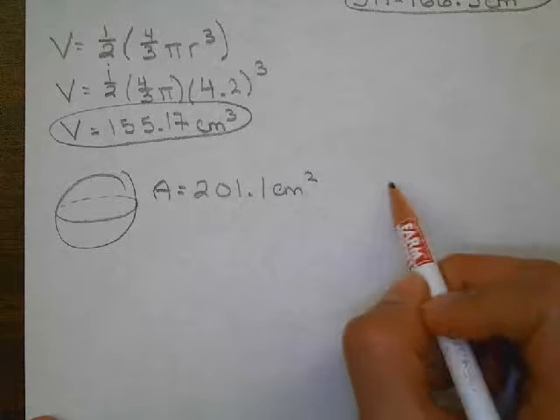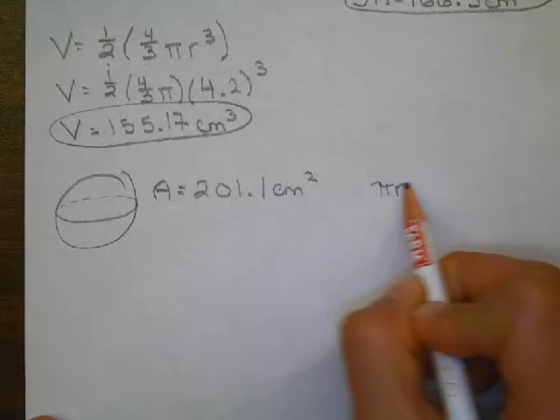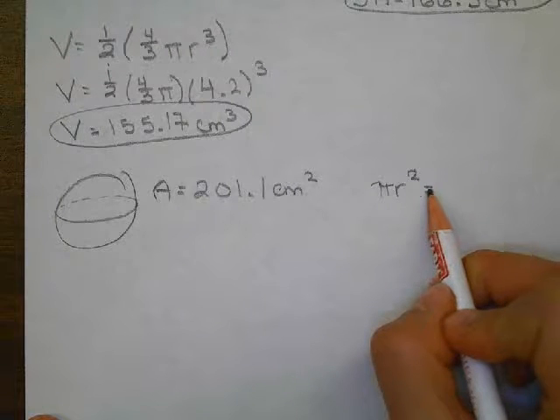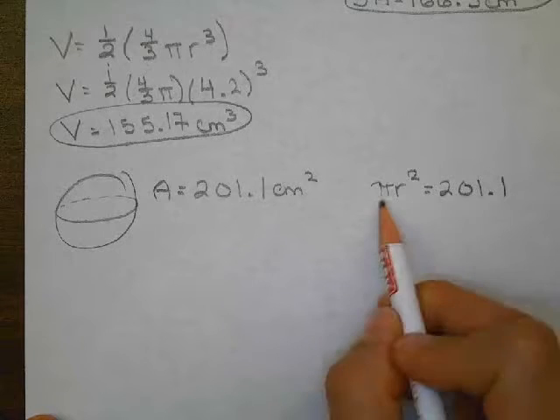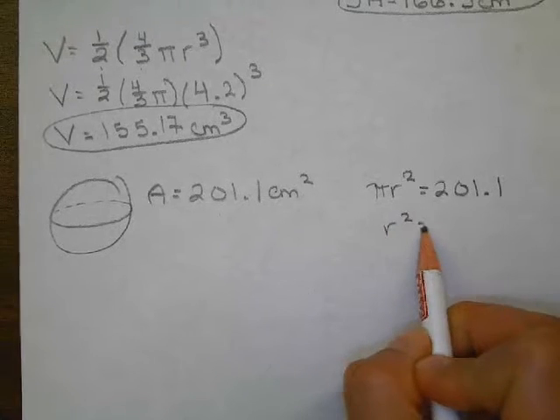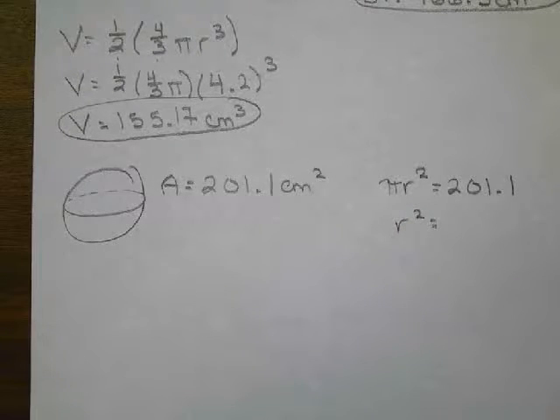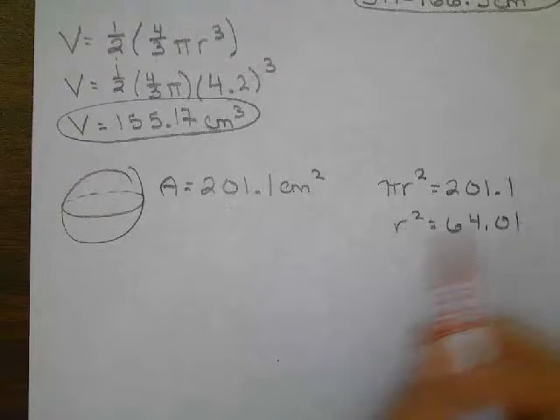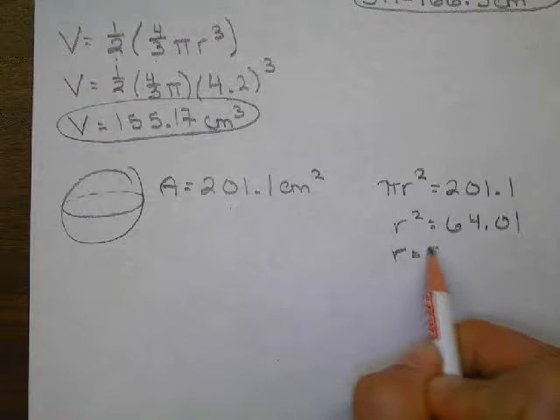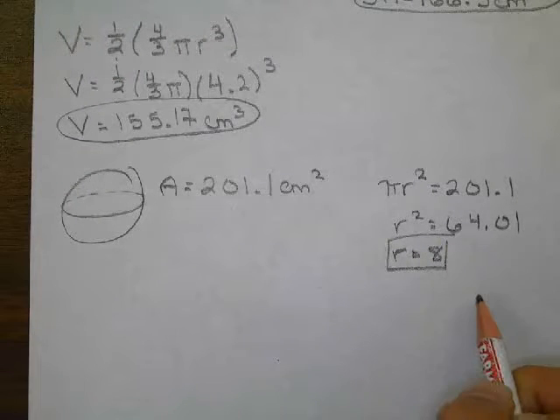Remember that the area of a circle is pi r squared. So pi r squared is going to equal 201.1. And now I have to divide by pi. So that means r squared would be 64.01. Then take the square root of that, so our radius is 8.